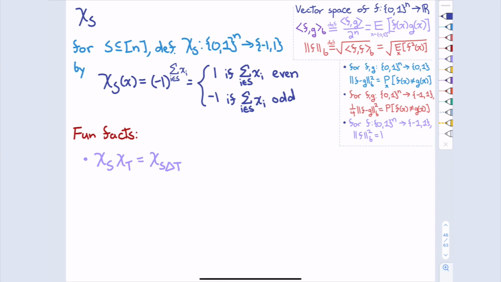Sometimes it's also called a parity function over S because it's really just computing the parity over the indices. This also has lots of cute identities. For example, if you multiply chi S chi T, you get chi of the symmetric difference between S and T. See why?